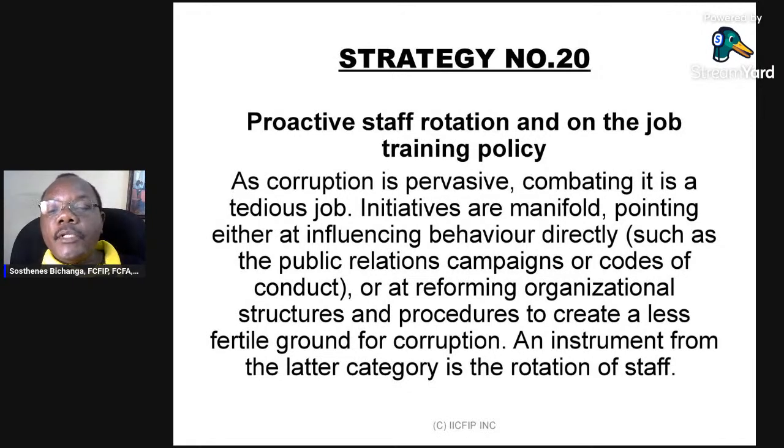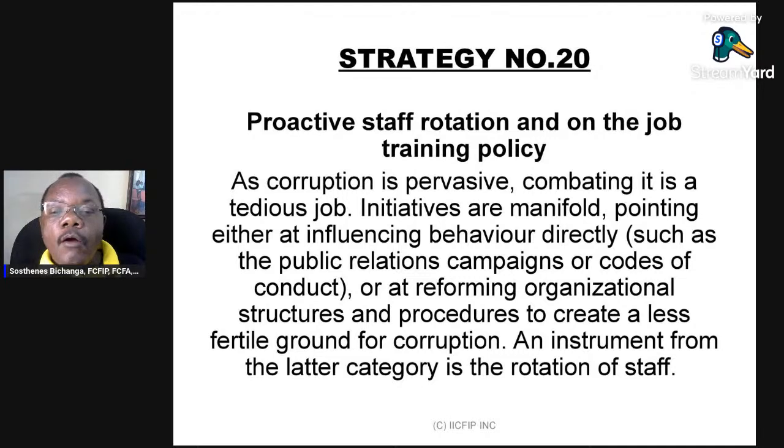Many of the following cases are detected by staff transfers. Kickbacks taking. This can easily be detected by new staff who come in. A good example is already narrated above, the example of James, the accountant.